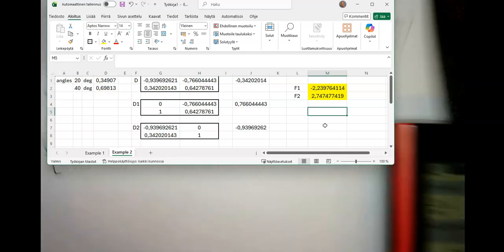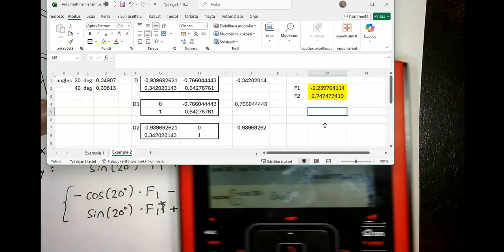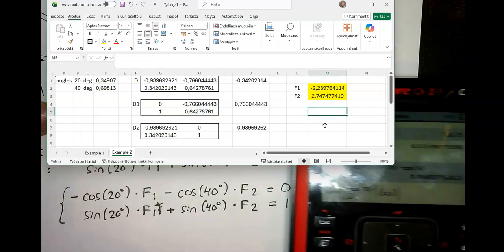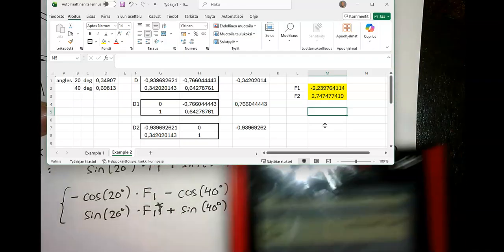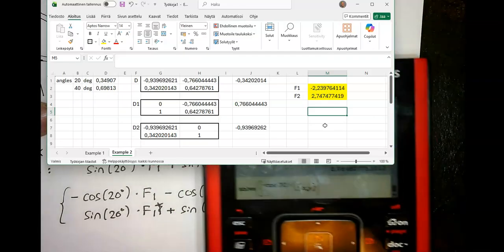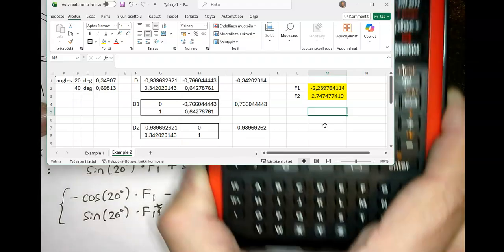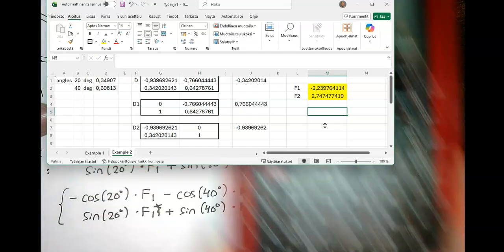One difference when I compare the equations on the paper and in my calculator is that I will use x and y in the place of unknowns. I could also use F1 and F2, but it is easier to write x and y, because I can find those from the keyboard.